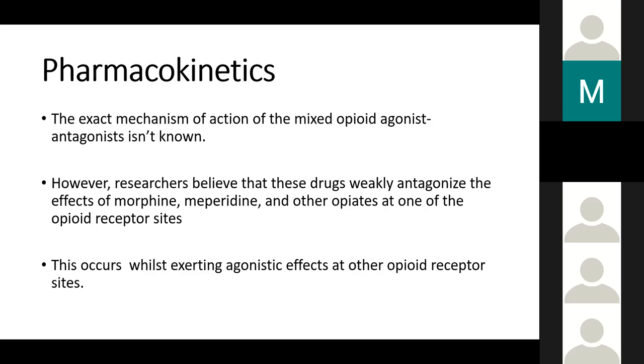So the exact mechanism is not known, but researchers believe that these drugs antagonize the effects of the opioids by competitive inhibition at some receptor sites. Meanwhile, at other receptor sites, they are able to bind to the receptors and cause pain relief.